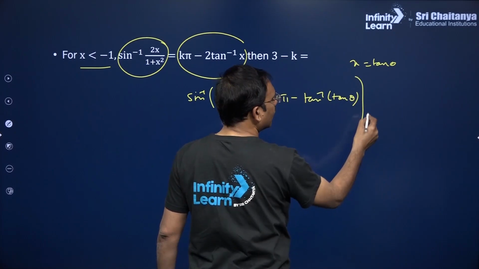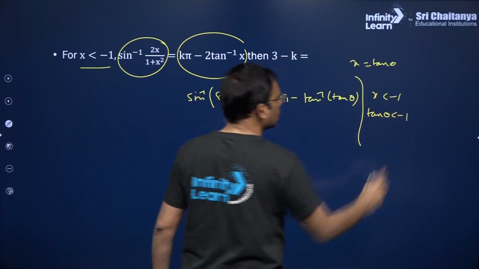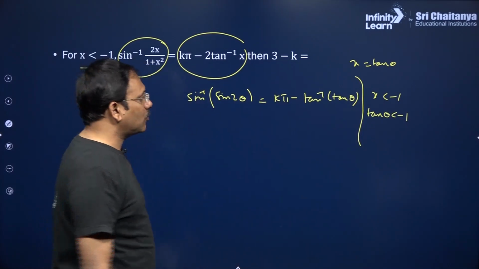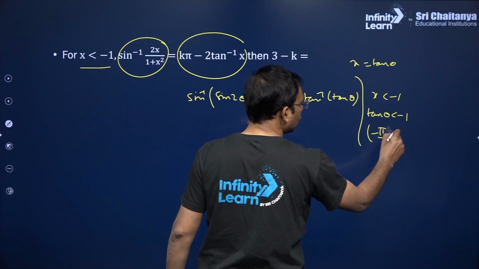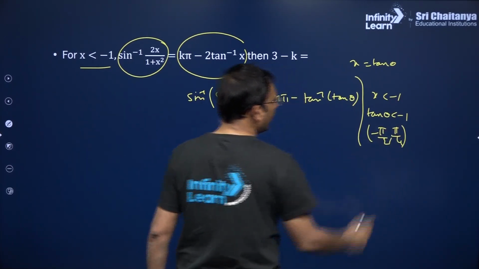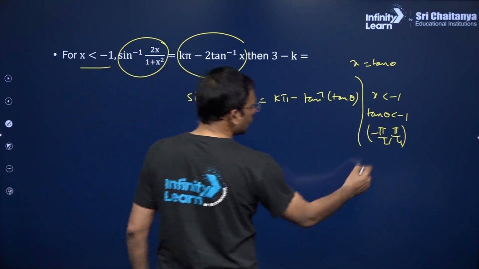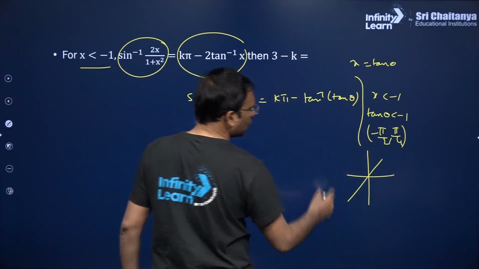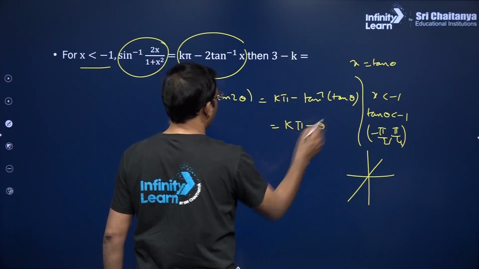So I can say x less than minus 1 means tan theta less than minus 1. In the interval minus pi by 2 to pi by 2, it is less than minus 1 means minus pi by 2 to minus pi by 4 only for the theta value. For tan inverse of tan theta, it is theta itself. So you can write it as k pi minus theta.